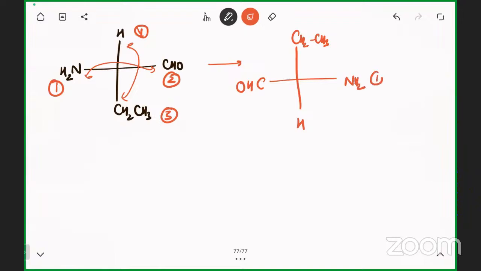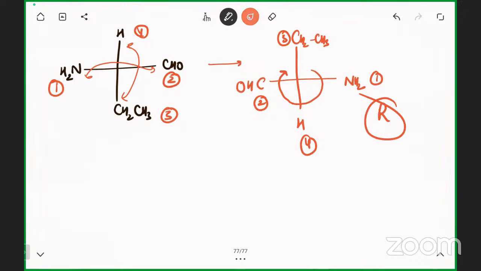Now first priority, second priority, third priority, and fourth priority. So we go 1, 2, 3. The arrow will rotate anti-clockwise, no, sorry, clockwise rotation. This is clockwise. So it will be R.